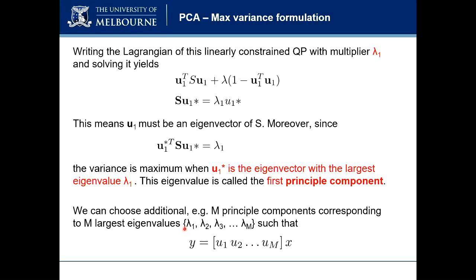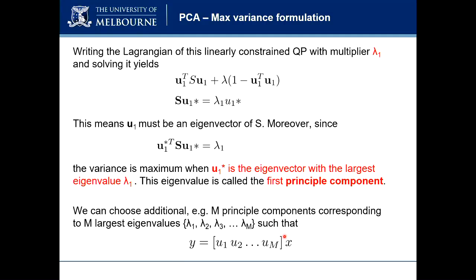As we will see soon, you repeat the process with the second largest eigenvalue, third largest eigenvalue, and you take the corresponding principal components, and all these dot products give you the combined mapping, the y that we are looking for.